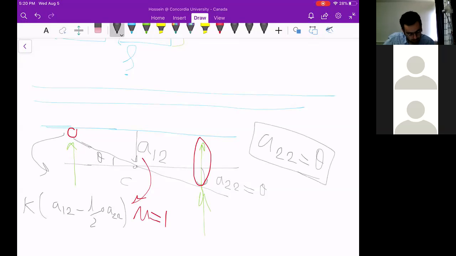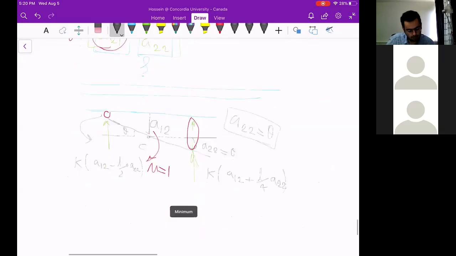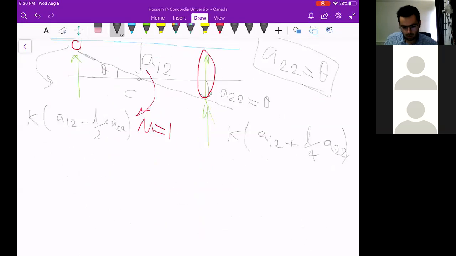And here the right spring force is K, again K. The deflection is A12 plus L over 4 multiplied by A22. So similarly, you could find A22. You have to only just apply the momentum formula because we only need one array, A22.